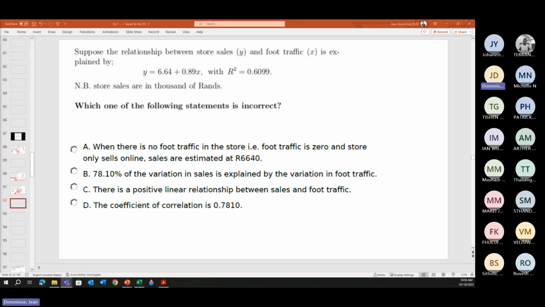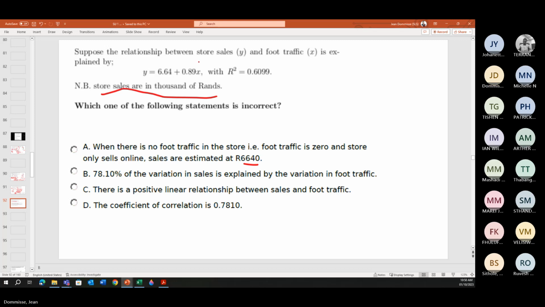We don't know beforehand what might be right and wrong, so let's just go from the top. When there is no foot traffic in the store, foot traffic is 0 and the store only sells online, sales are estimated to be 6640. Okay, so now important, sales are in R1,000.